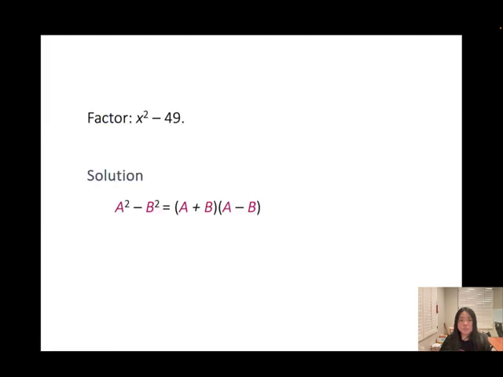So I could use this formula because I have two terms, and 49, I can revise it to 7 squared, right? So by the formula, x squared minus 7 squared will be equal to x plus 7 times x minus 7. Every time when you have two terms with the square, you're gonna try to use this formula. A squared minus b squared equal to a plus b times a minus b.